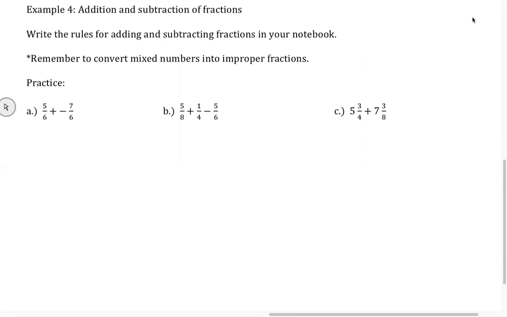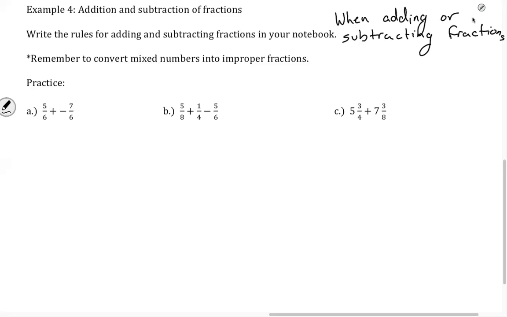Let's write when adding or subtracting fractions, we need common denominators.